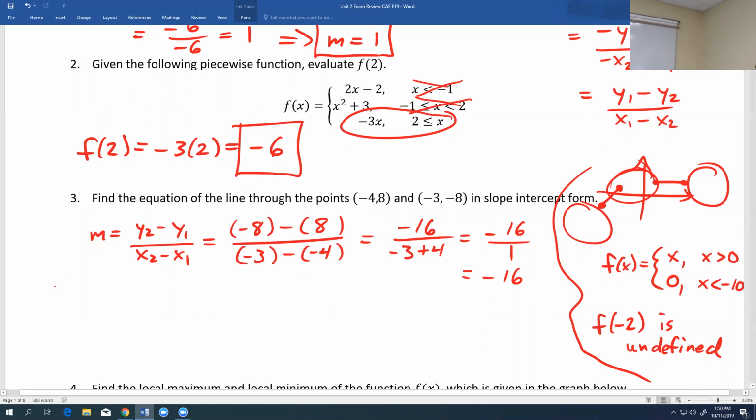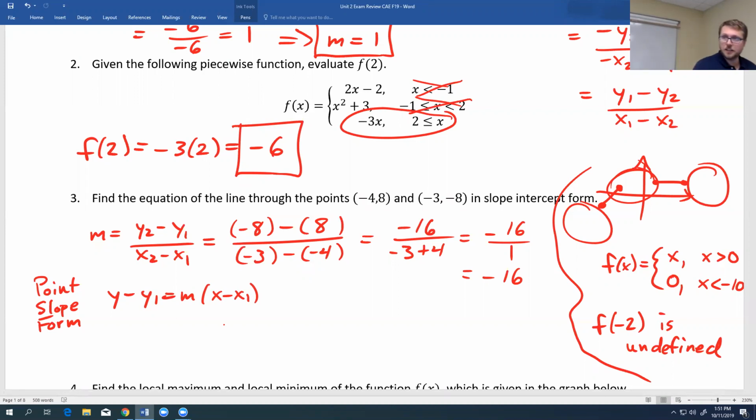Now I need to use the point slope form. It just depends on the professor or the textbook if you call it form or formula. Typically it's y minus y1 is equal to m times x minus x1. And this is another case where you could use either one of those given points. It doesn't matter if I use this point or this point as the numbers I plug in for x1, y1, as long as I'm consistent and don't mix them up.